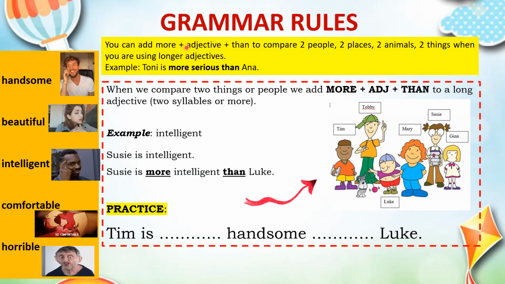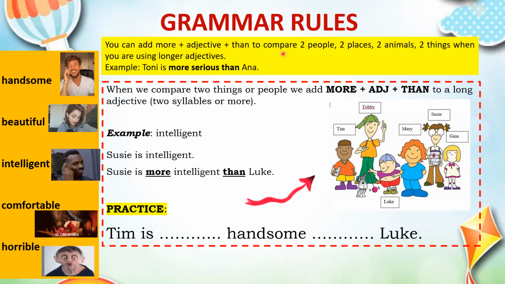Next rule. You can add more plus adjective plus than to compare people, places, animals, or things when you're using longer adjectives. Example, Tony is more serious than. Okay, this is the rule.